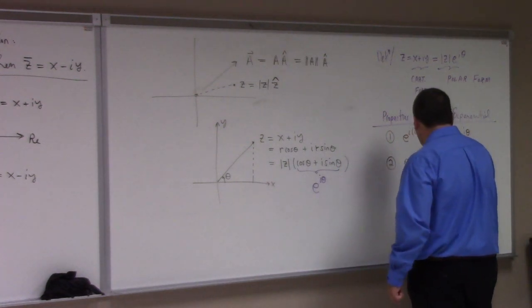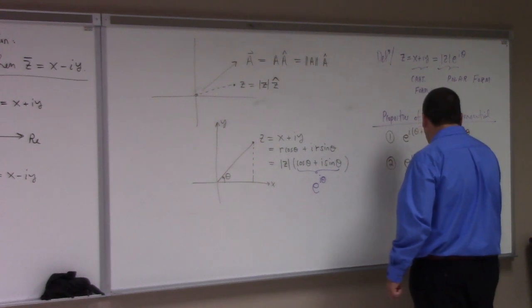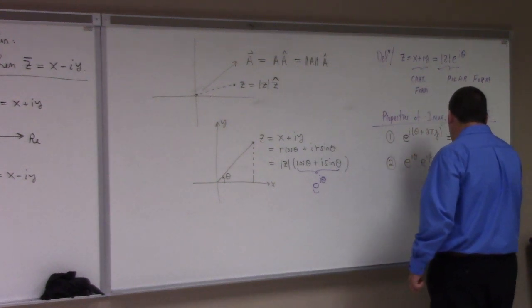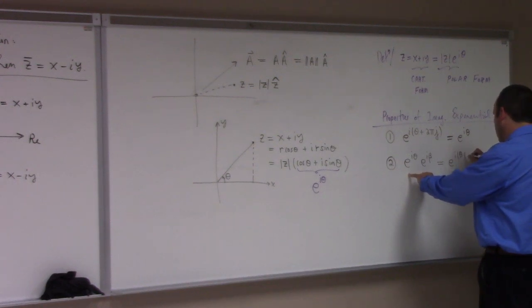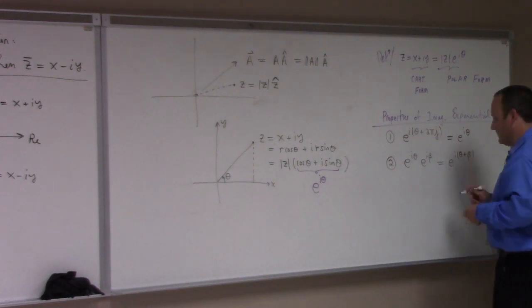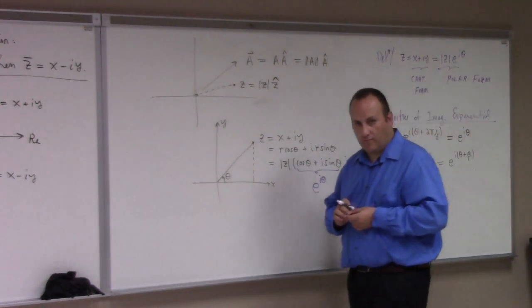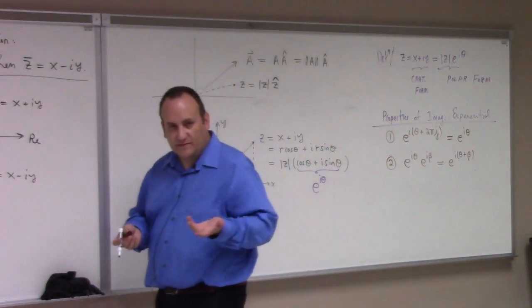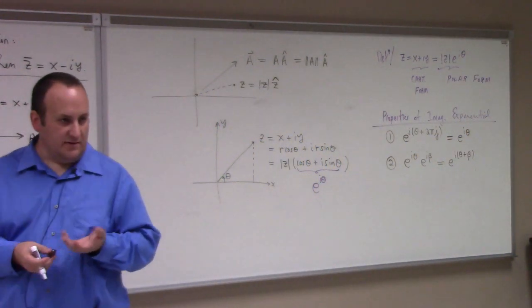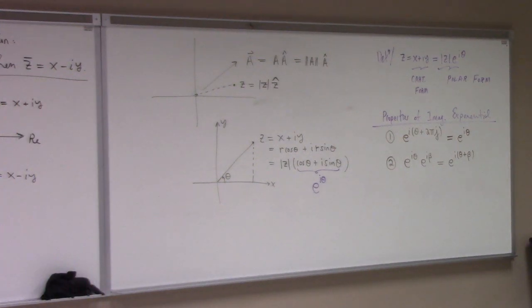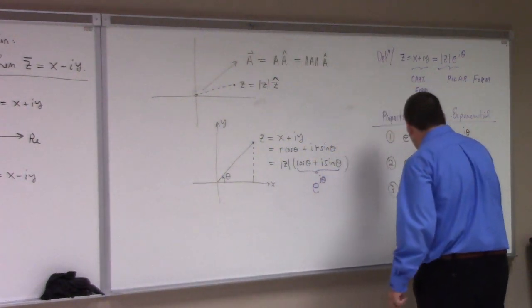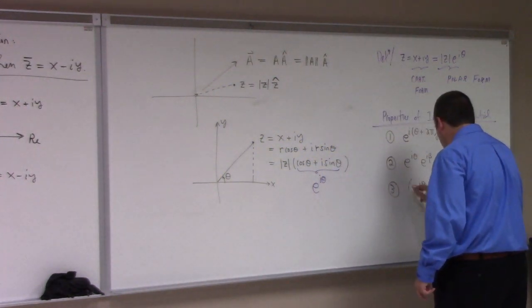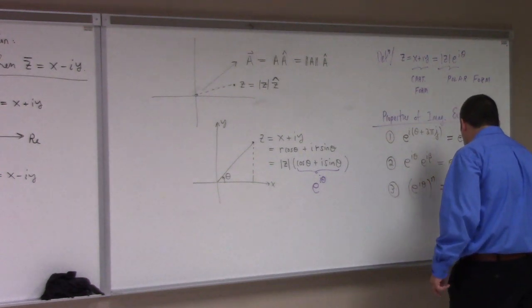Another really beautiful property, which I will not prove today, but maybe I'll make a homework for you, is that e to the i theta times e to the i beta is e to the i (theta plus beta). So laws of exponents, at least partially, in the additive sense, work out like usual. And there's also e to the i theta to the n power is equal to e to the i n theta.